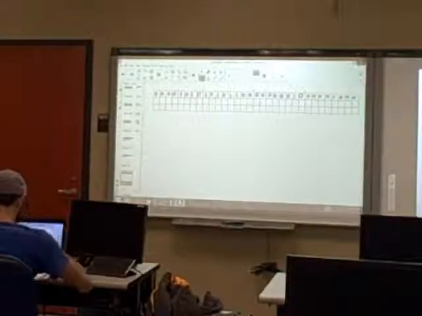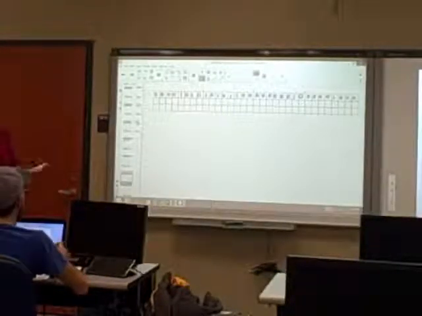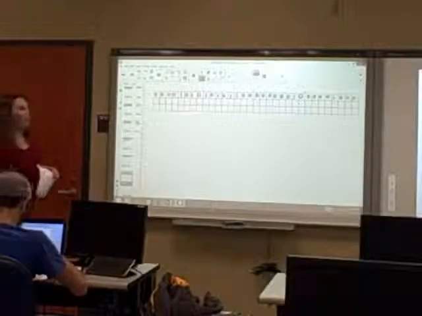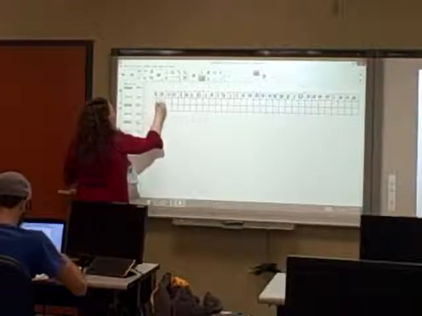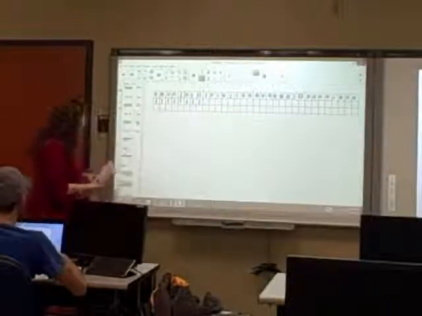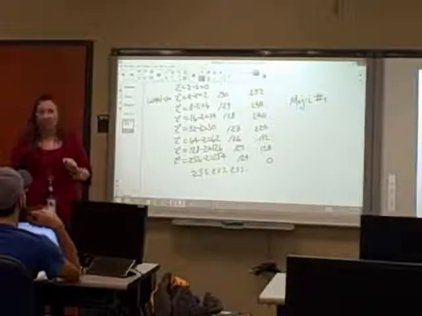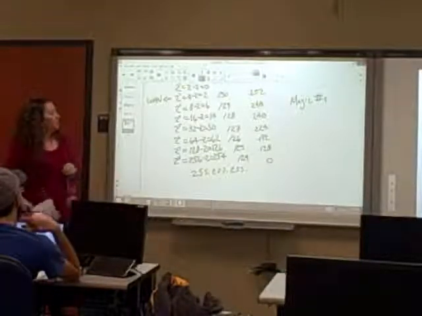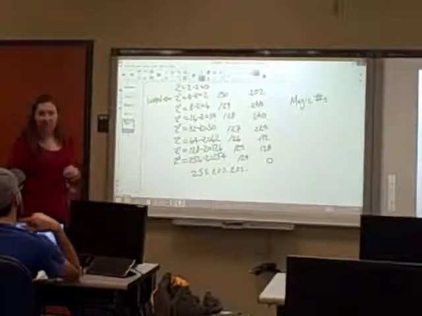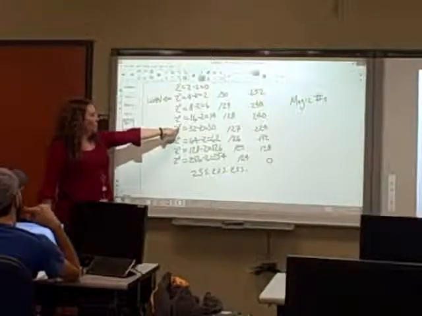Okay? Its subnet mask is 255.224.0.0. So I know that the 255 is all ones, right? Now if I go to my magic numbers that I've written down, and I got 224, how many bits are network bits?